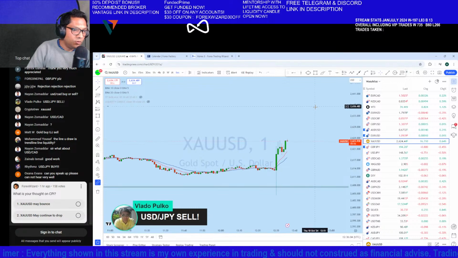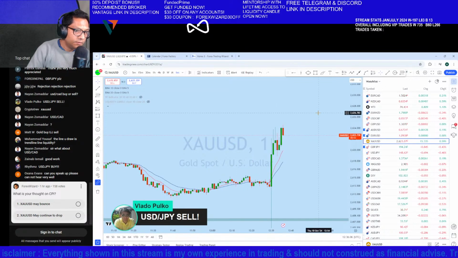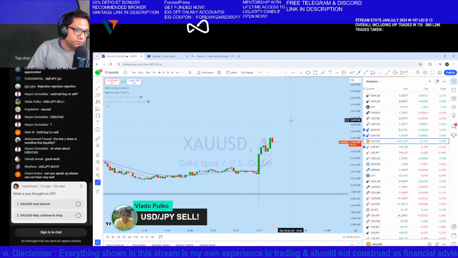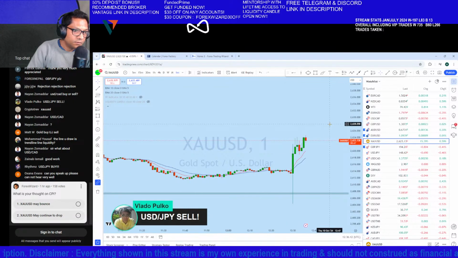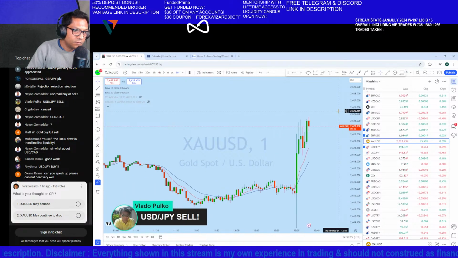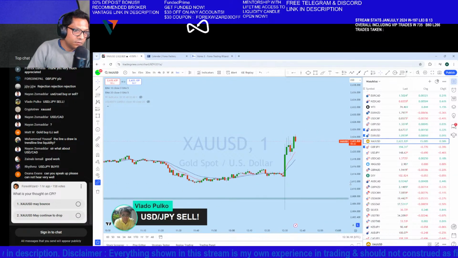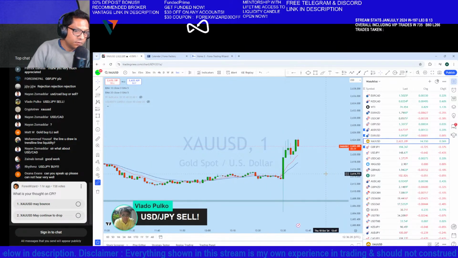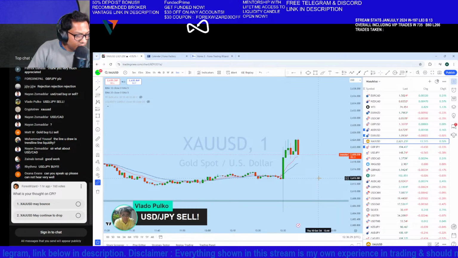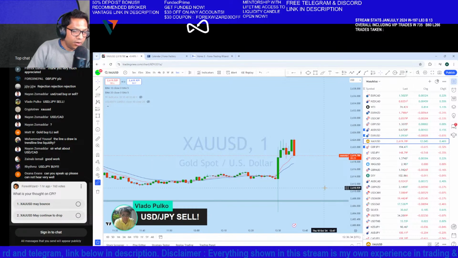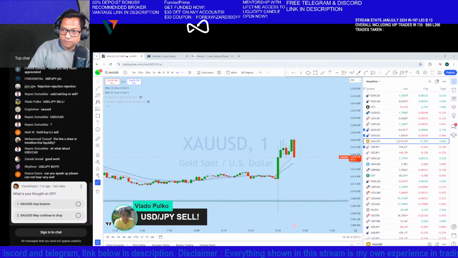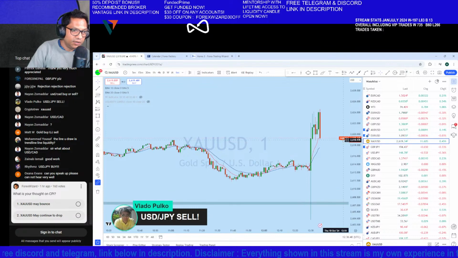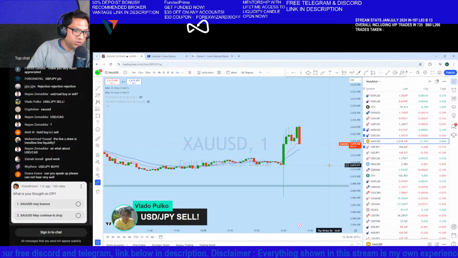Okay, so again, 1 minute to look at. Okay, now we can see some downside here, which is basically a potential drop to this support.